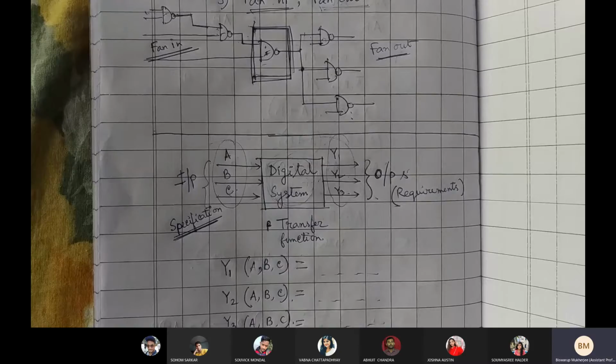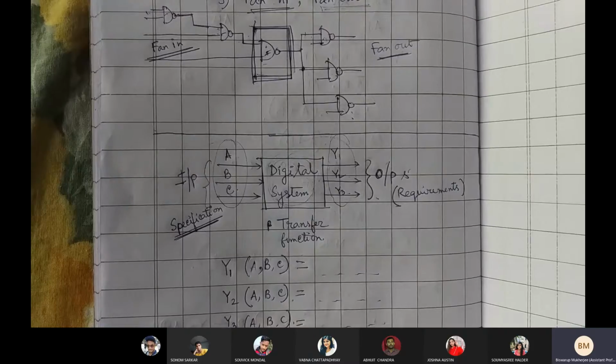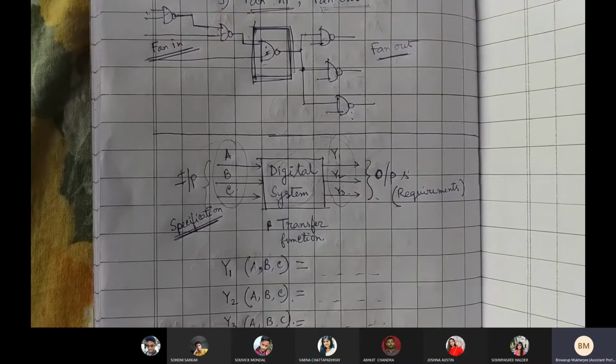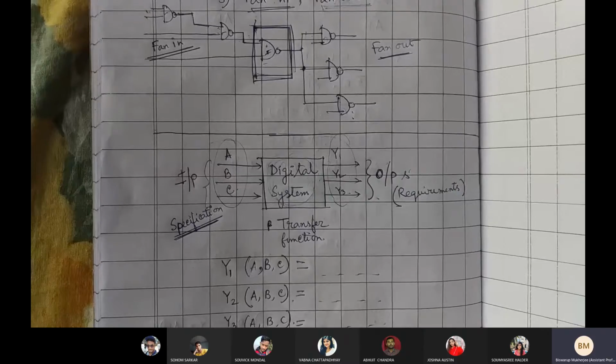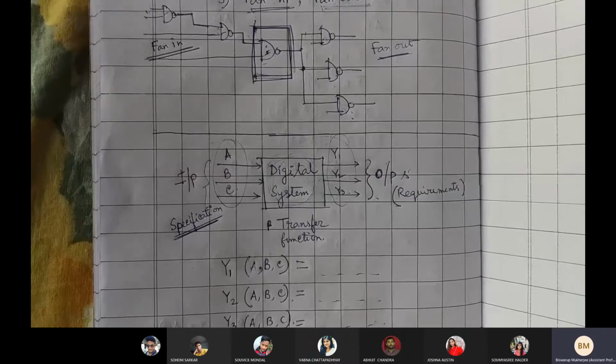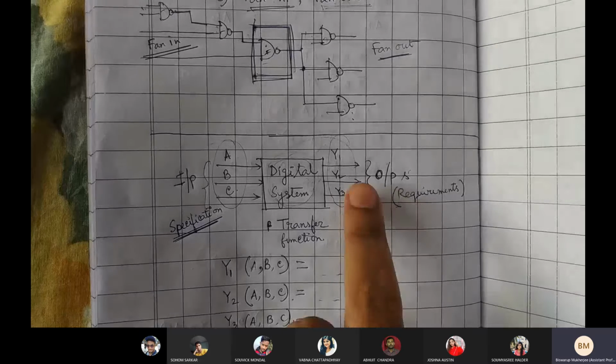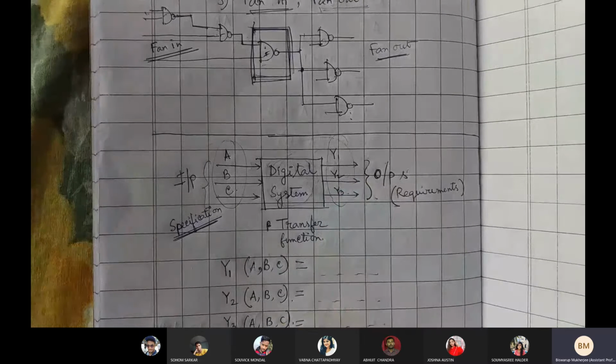That is, I require, in order to make engineer, I require a student who has passed higher secondary level, right? And with the knowledge of higher secondary level. Okay. Similarly, the digital system will also require a definite pattern of input in order to process and in order to generate that requirement of outputs, right?